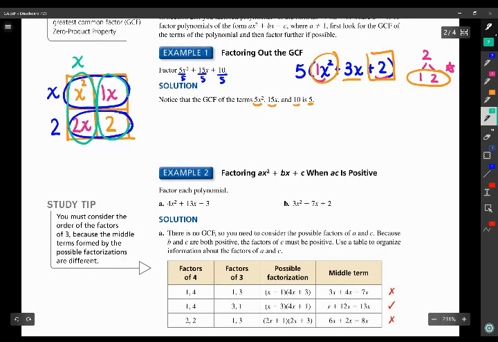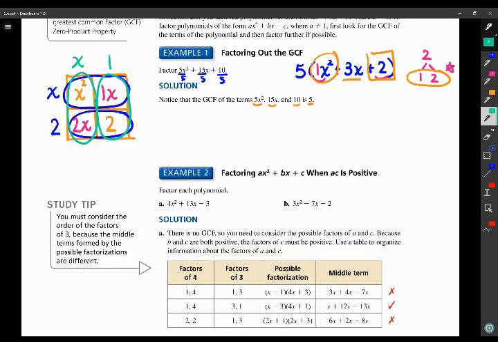And when I look at 1x and 2, the thing that they have in common is a factor of 1. So when I say they have in common, it's a number that divides evenly into the other 2, or a letter. So 2 divides evenly into both of them, so I take the 2 out. And x divides evenly into both of them, I take an x out. And x divides evenly into both of them, I take an x out. 1 divides evenly into both of them, I take a 1 out.